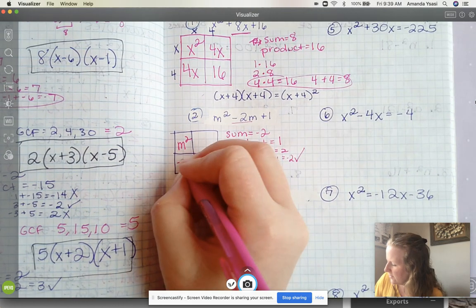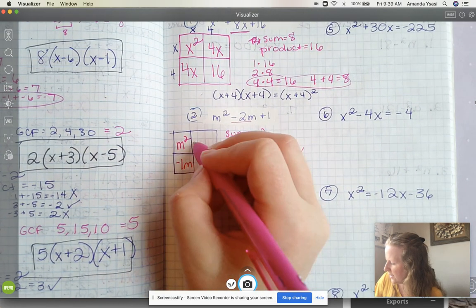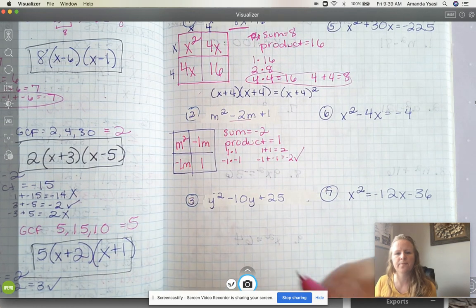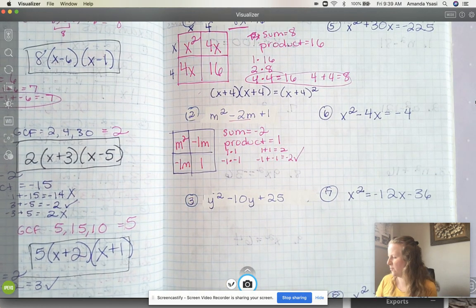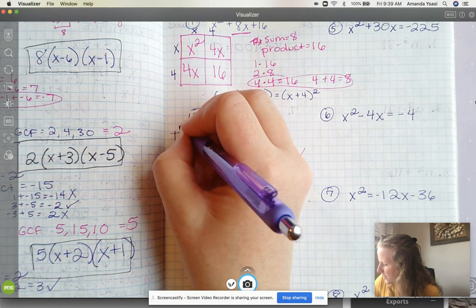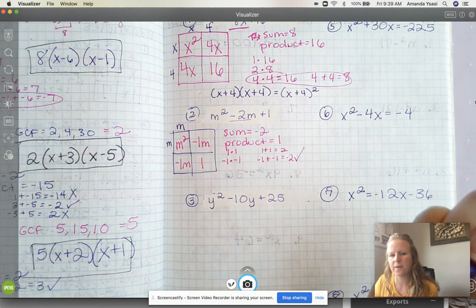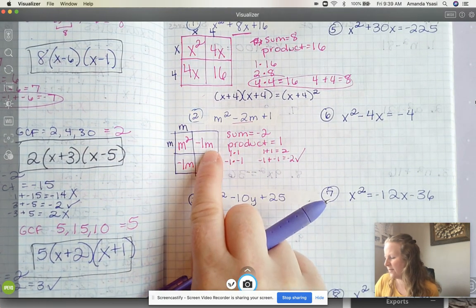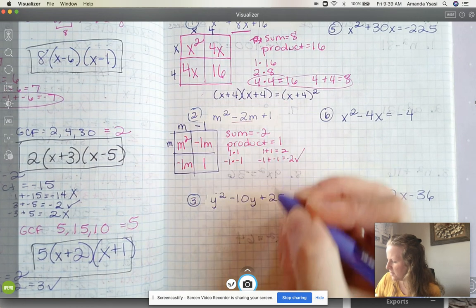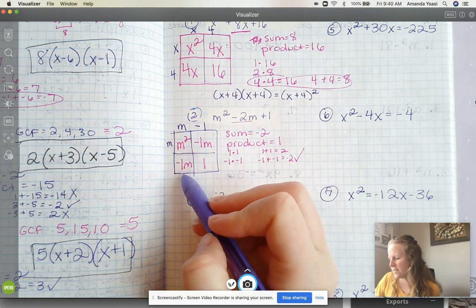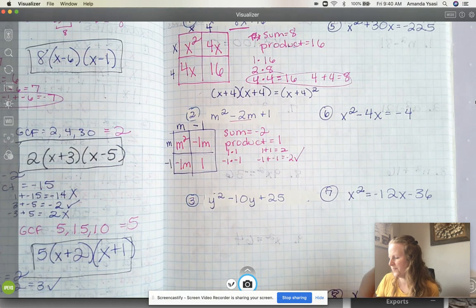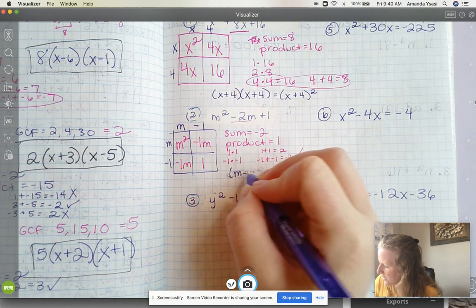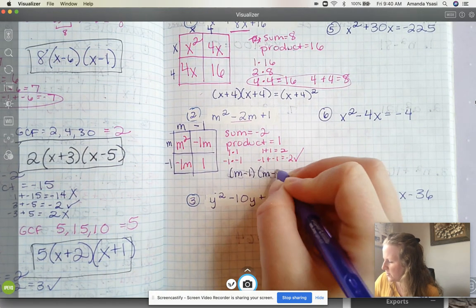So it's a negative 1m and a negative 1m. Okay, so then we factor out. We know this has to be m, this is m. M times what gets negative 1m? Negative 1. M times what gets negative 1m again? Negative 1. So we have m minus 1 times m minus 1.